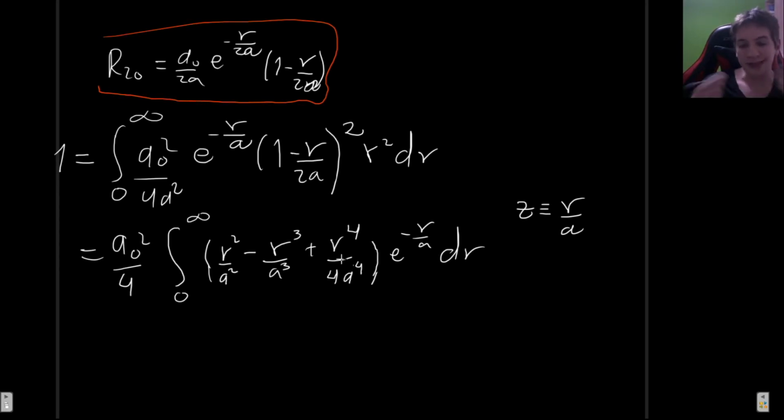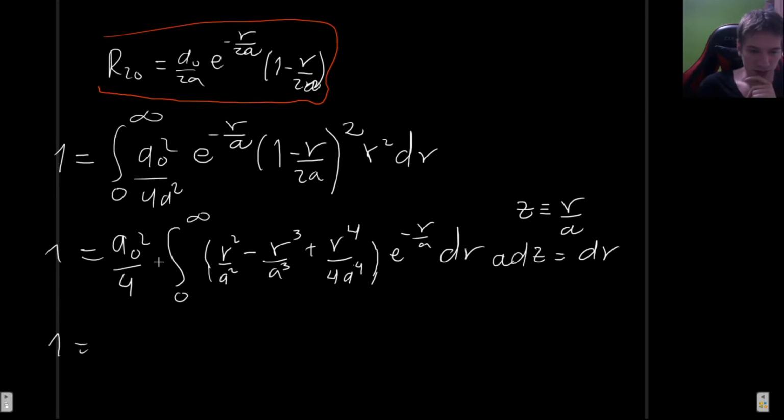Obviously, you don't need to use this substitution, but it's really going to make it much easier, and it's going to help you see a pattern that will help you not have to integrate this all that much. Okay, so if we take this to be z, then dz will just be dr divided by a, but we can multiply by a, so that dr is just a times dz.